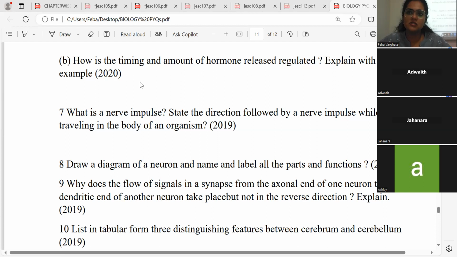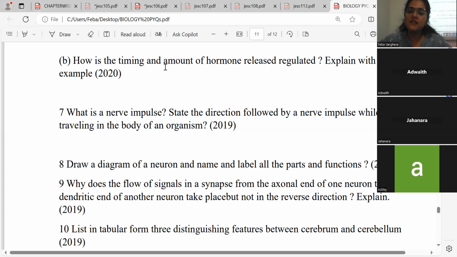Yes, there is a gland, it's the pancreas. Pancreas is a gland over here. When there is a surge in the glucose levels, there is an immediate release of the hormone.